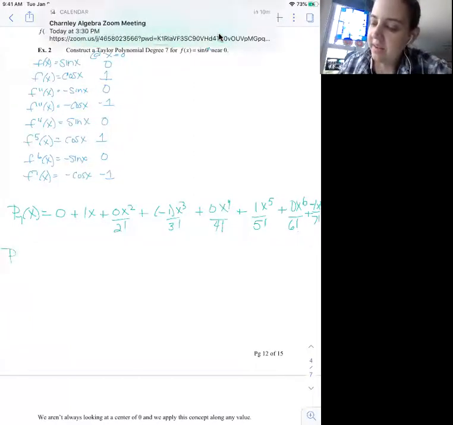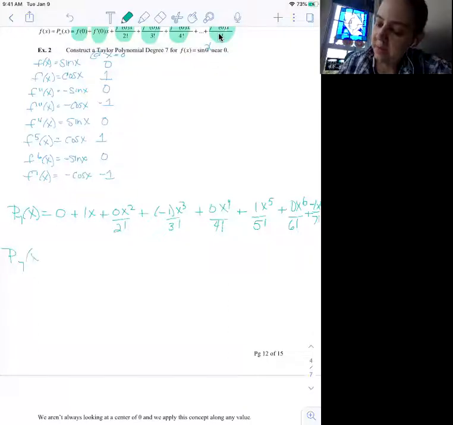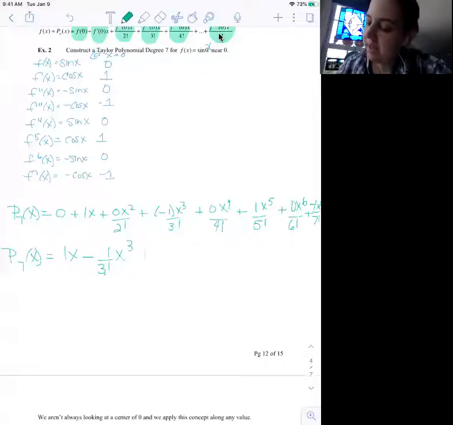So the 7th degree Taylor polynomial, we can drop all the terms that have zeros, is 1x minus 1 over 3 factorial x cubed. The next term is 0 plus 1 over 5 factorial x to the 5th.